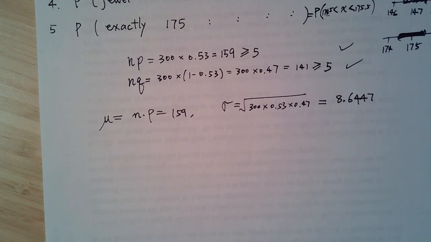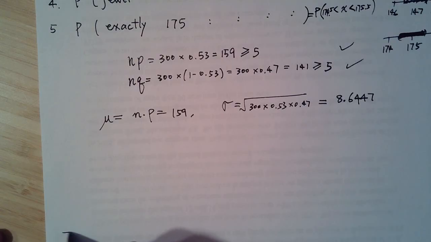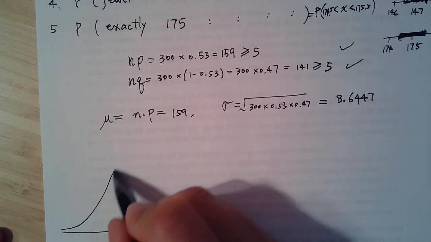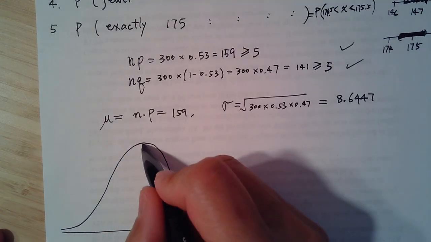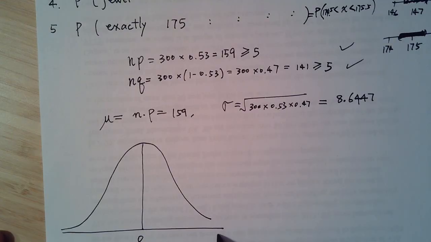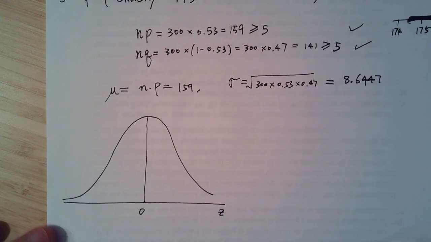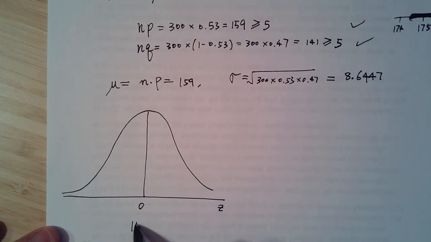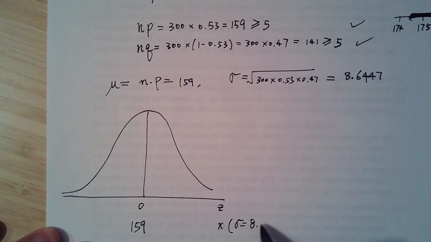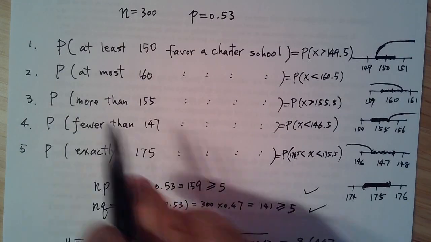All right, now we are going to draw the curve. Here's 0, z, and we're going to have 159, and here is x, and the sigma is 8.6447.